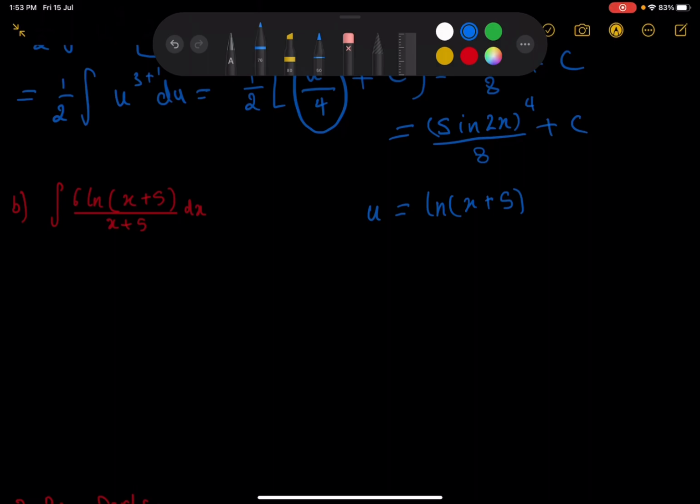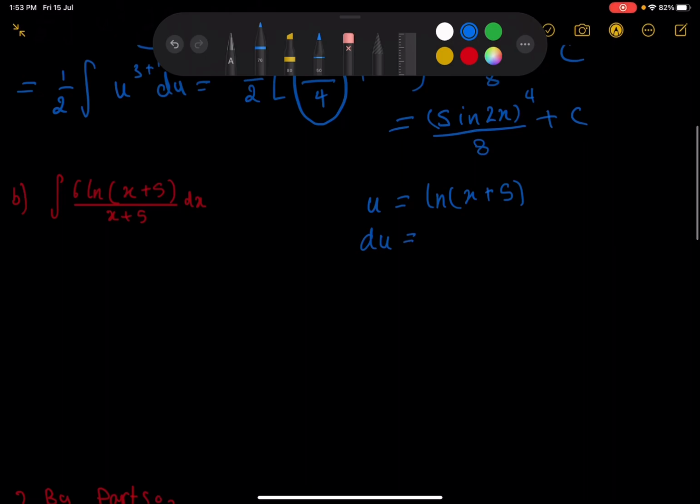Now the next part is finding du. The derivative of u is du. And what is the derivative of ln x plus 5? The derivative of this will be 1 over x plus 5 dx. As you can see here, we have something similar. So let's try to separate things to visualize the problem more.